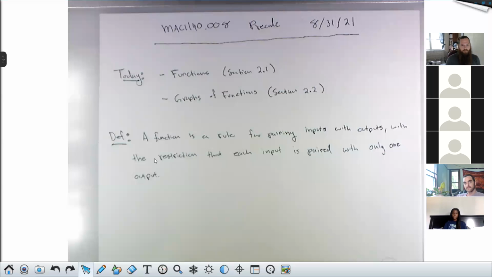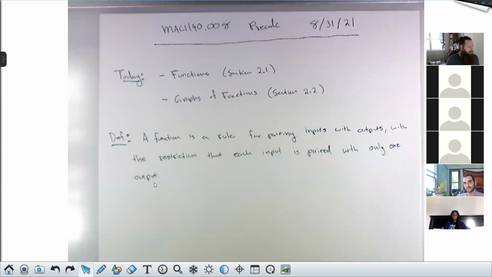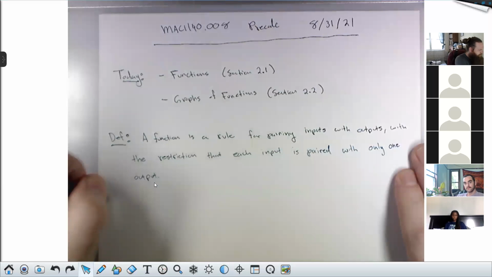So this additional stipulation, that every input goes to only one output, allows us to talk about them in a way that is just more efficient notation-wise. It also has some other utility that we'll see in a minute. Let's see. So the first place I want to go is just showing you the notation.